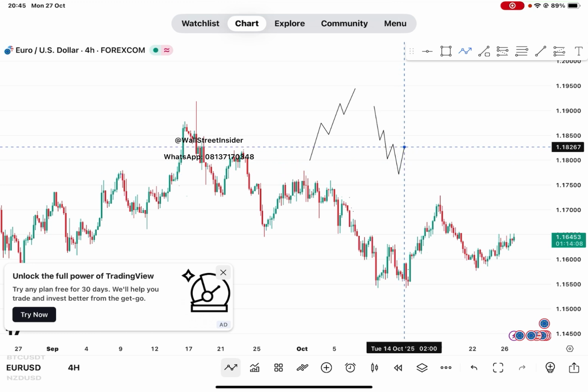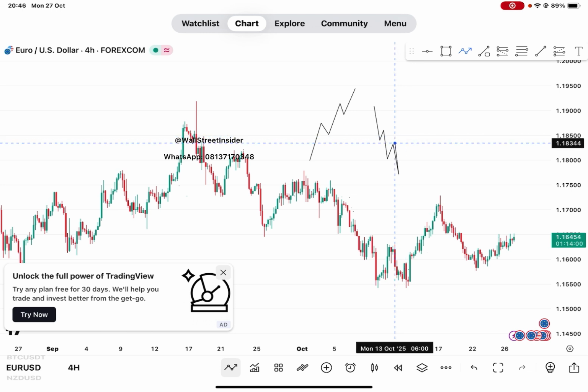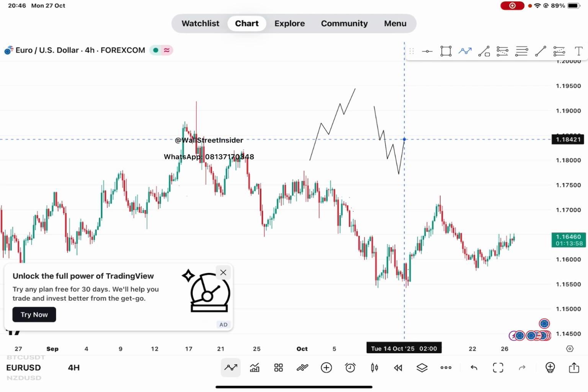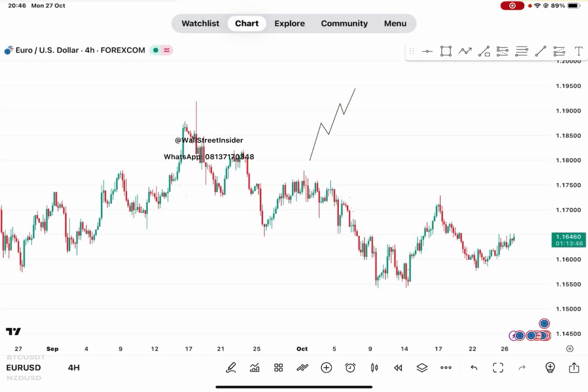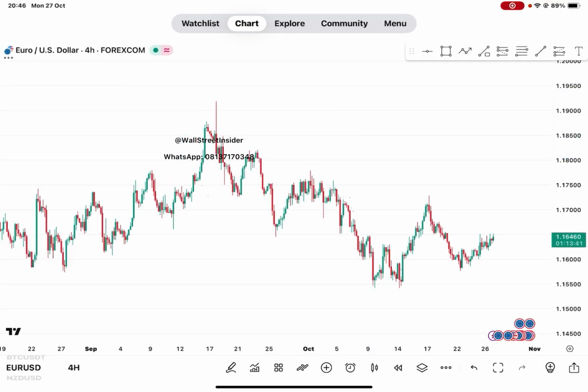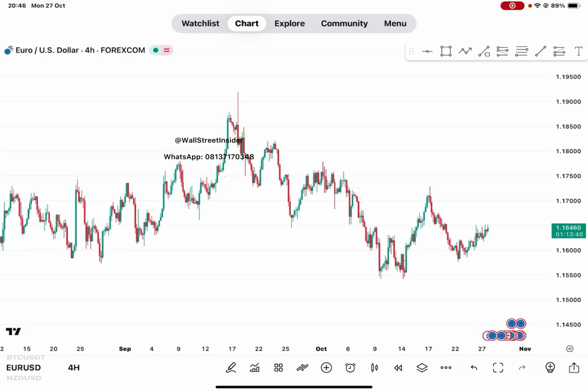But at a time, you might see something like this, which is going to be taught in another video if you don't know about change of character or a market structure shift, which sometimes indicates that the market is about to change direction when the market is not able to print a lower low or an higher high. So you'll be able to know when the market is about to reverse or when the market is about to continue in its previous direction. So quickly, let's get into the lesson.